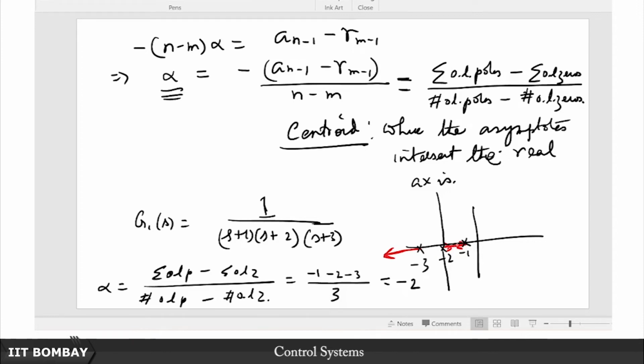Common point means that at that value of k, the closed loop poles become repeated poles. When two or more branches of the root locus intersect, it leads to repeated closed loop poles, and we'll see that this has consequences in our first refinement, which is the breakaway and break-in points.